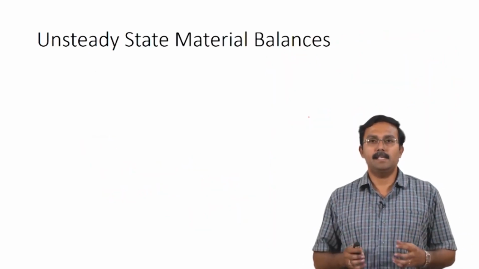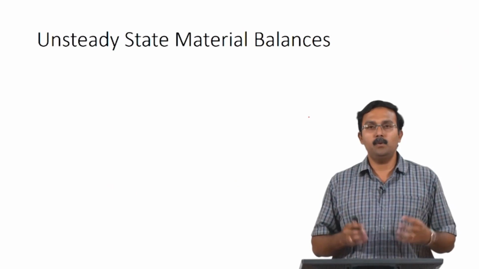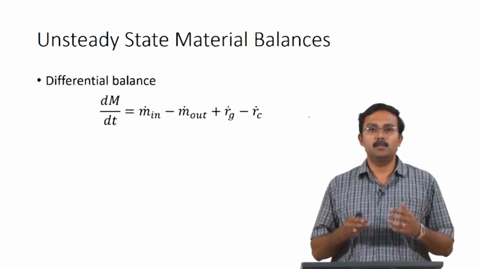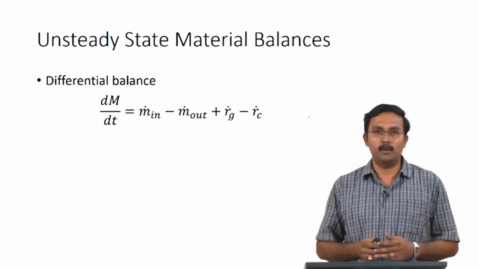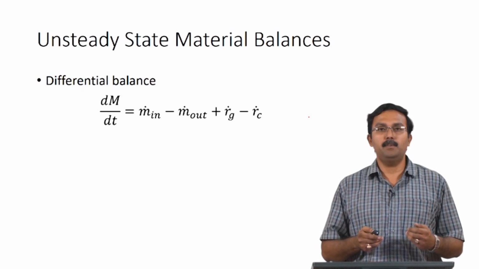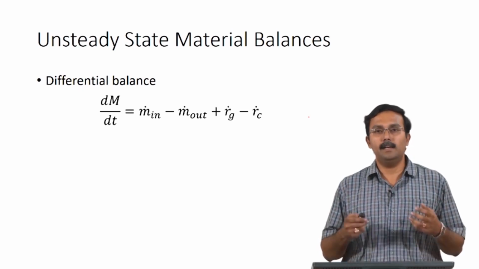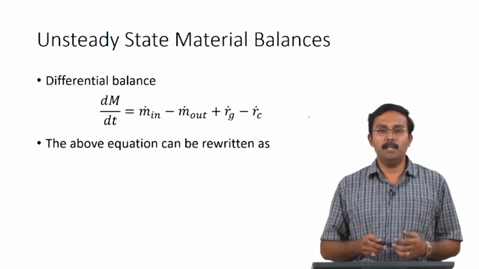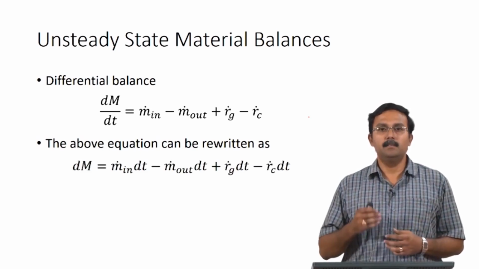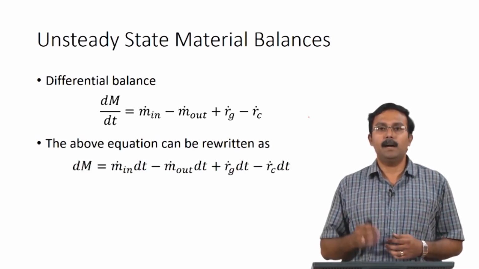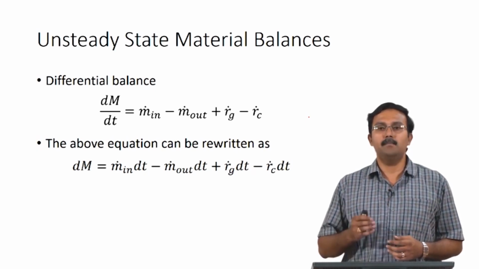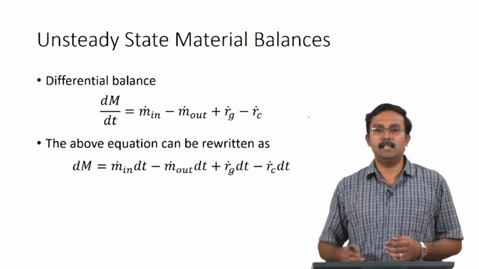In the previous example, we looked at how to write the differential balance for an unsteady state process. This was the differential balance which we wrote. To solve this differential balance, we would have to rearrange this equation and integrate it. The above equation can be rewritten as dm equals m dot in dt minus m dot out dt plus r dot g dt minus r dot c dt.